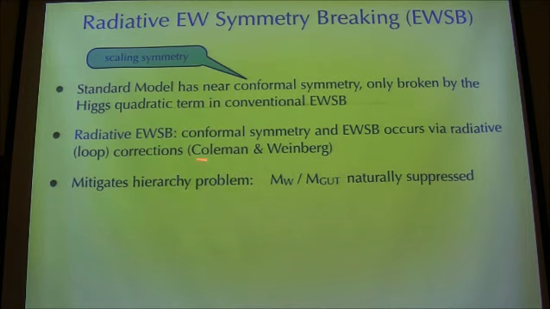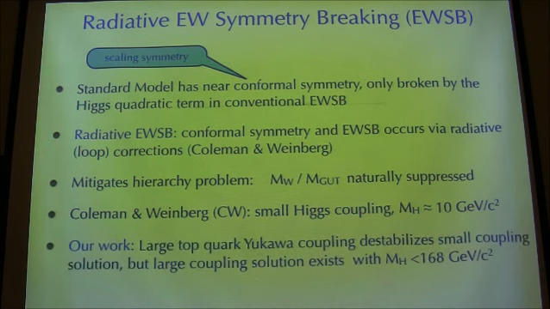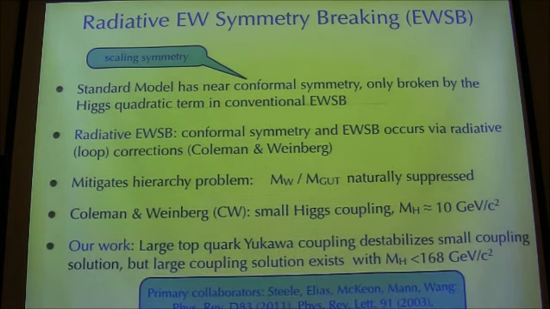There was this beautiful idea by Coleman and Weinberg that maybe you should have exact conformal symmetry and let the dynamics of the theory break the symmetry itself. It's a beautiful principle. It addresses some of the problems with the conventional symmetry breaking model, but the problem is that it leads to a Higgs mass which is super light and was ruled out a long, long time ago experimentally.